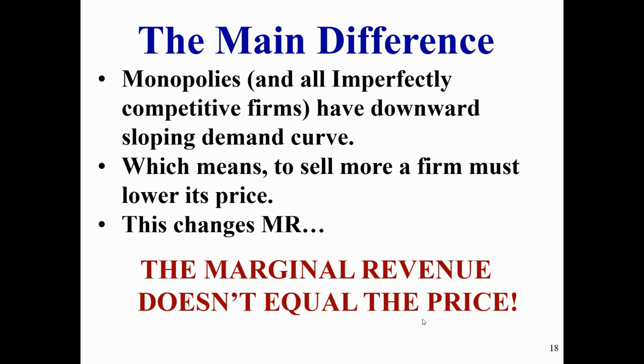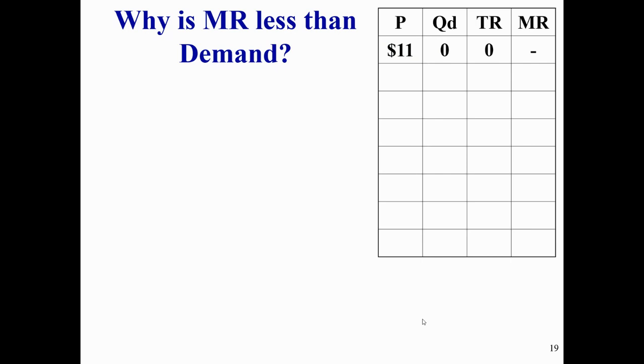Well, the marginal revenue now doesn't equal the price, and let's see why. Okay, so let's start here. If a certain company wants to sell a product for $11, nobody would buy, so the total revenue would be zero.